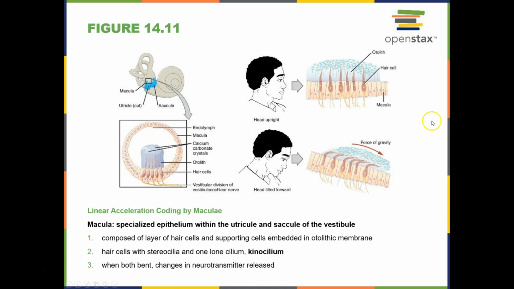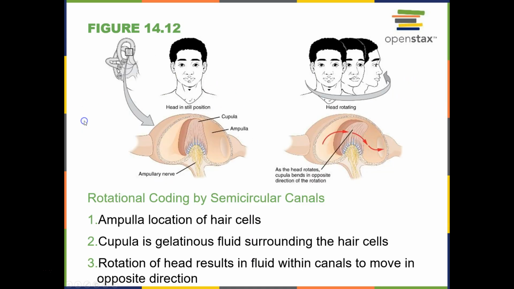This allows us to identify where our head is in response to the ground, and one-way movement. Whereas within the base of the semicircular canals, we have a region known as the ampulla.